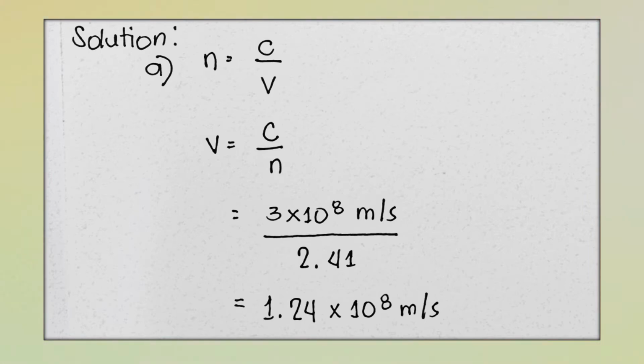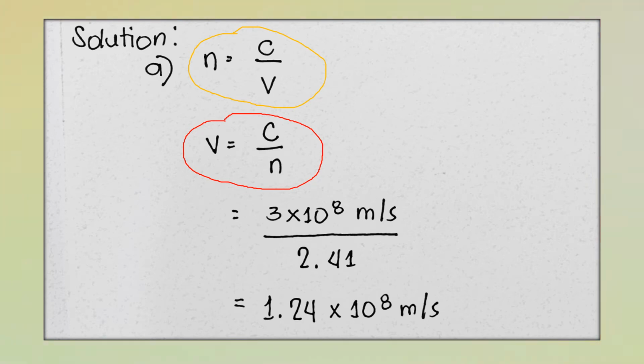In order for us to get the speed of light, we will use the formula n is equal to c over v. But since we are solving for the value of v, we manipulate this formula and derive v is equal to c over n. Now substitute the given.